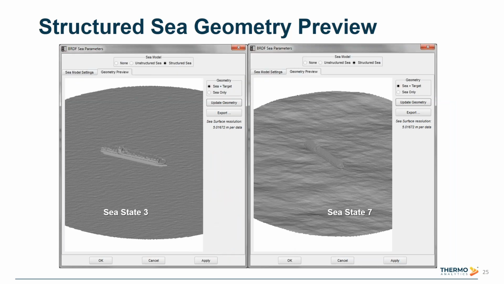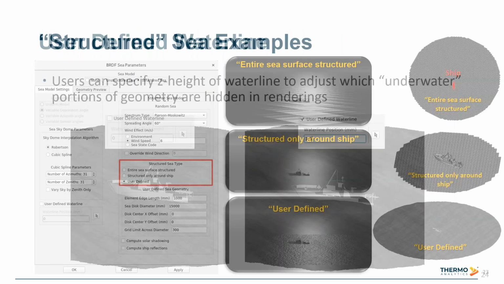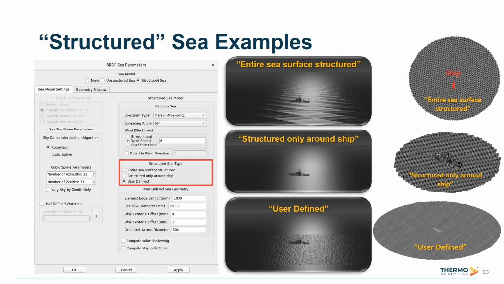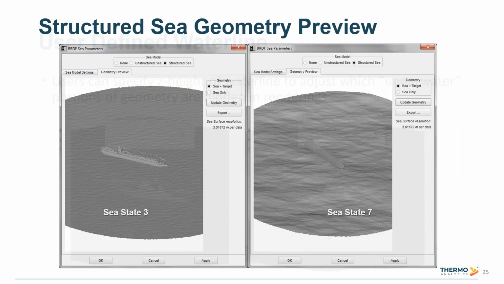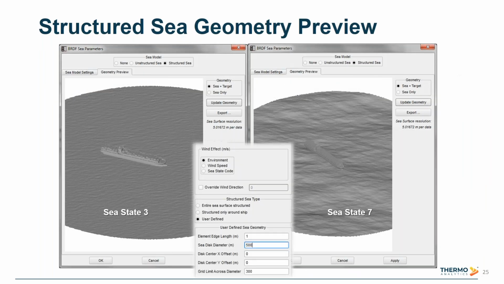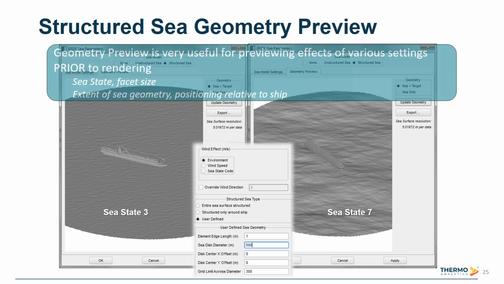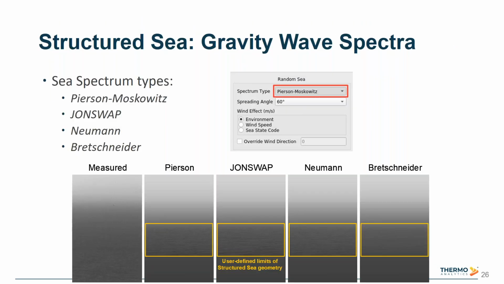Does the model generate bow spray where appropriate? Oh, no, it does not do that. At most, it does a little bit with the wake, but to get more complex spray like that, you would have to import a CFD calculation into our software, which is possible, but our software itself does not create that geometry.